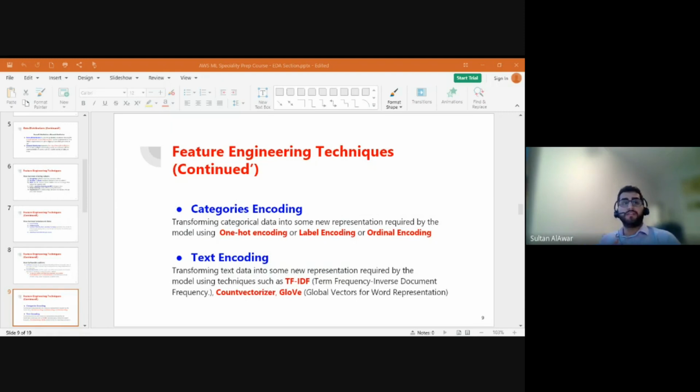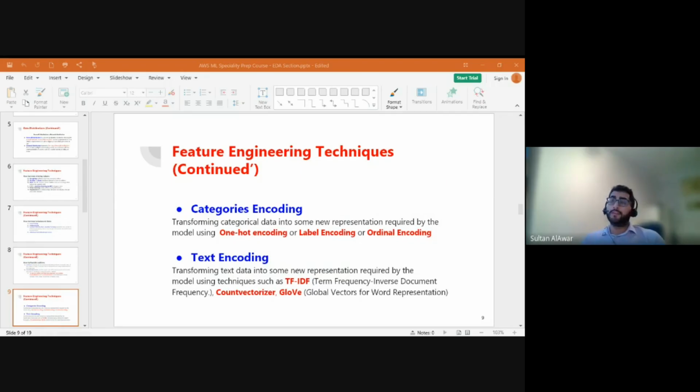For this, we use categorical encoding, which entails transforming categorical data into some new representation which is numeric, required by the model. There are various approaches which we can use in this context, such as one-hot encoding, label encoding, or ordinal encoding in case we have ordinal data, or data with specific order.